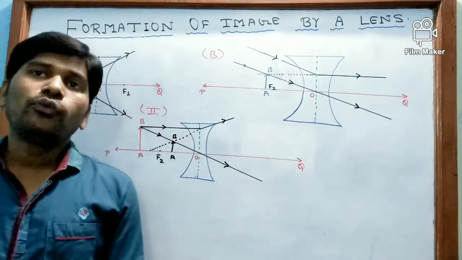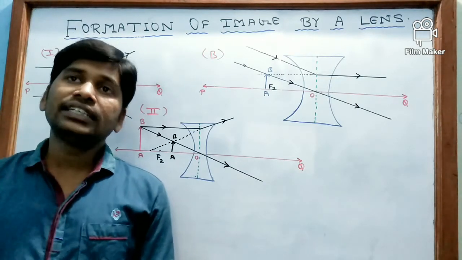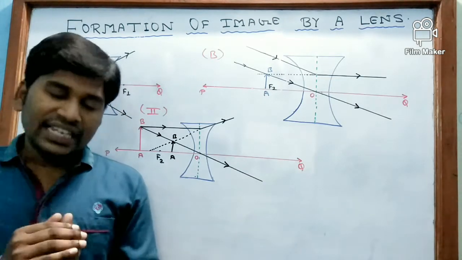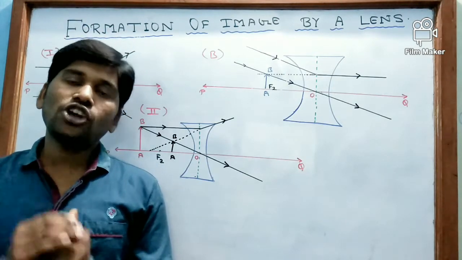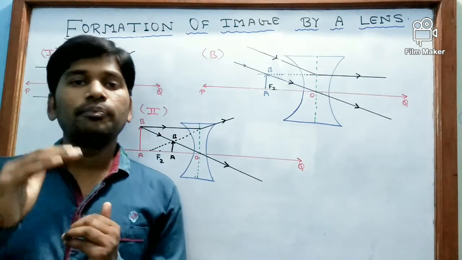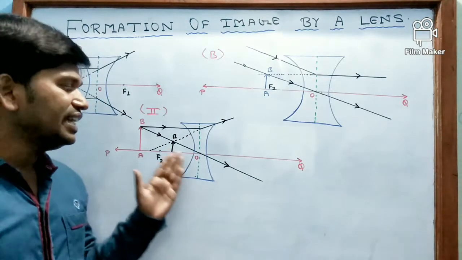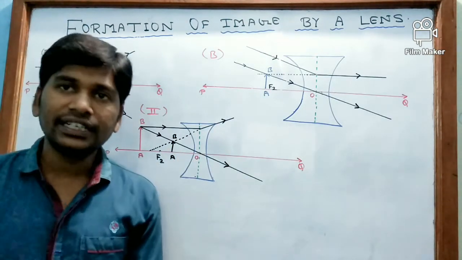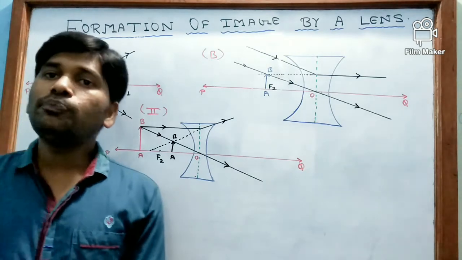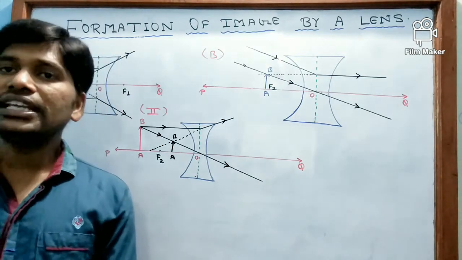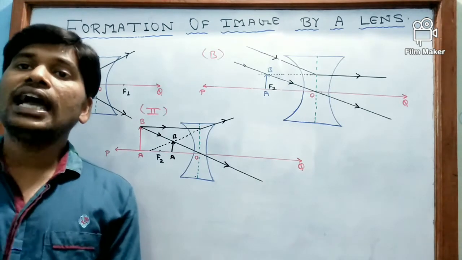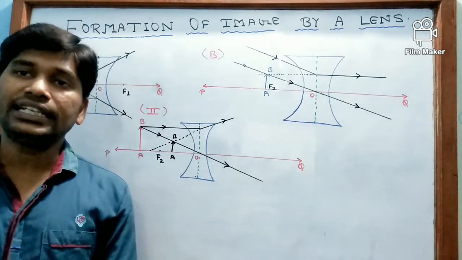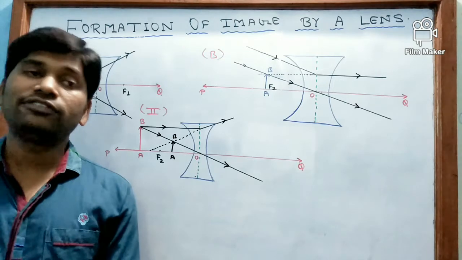Next one is when the object is at a finite distance from the concave lens, means the object is placed between infinity and optical center. In this case, the position of the image is in between the focus and optical center on the same side of the lens.